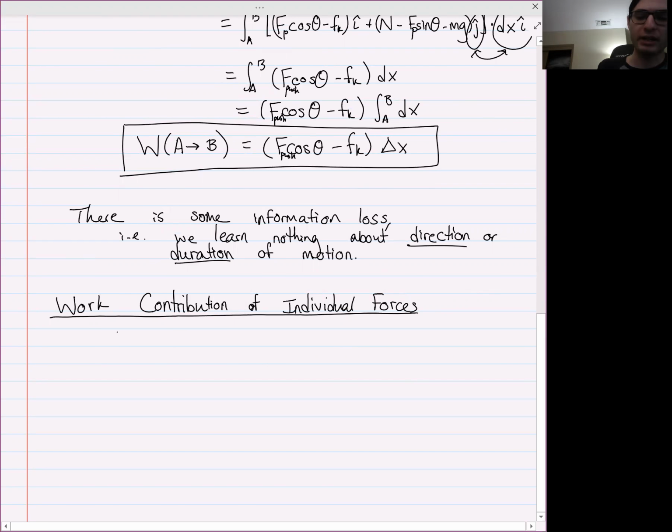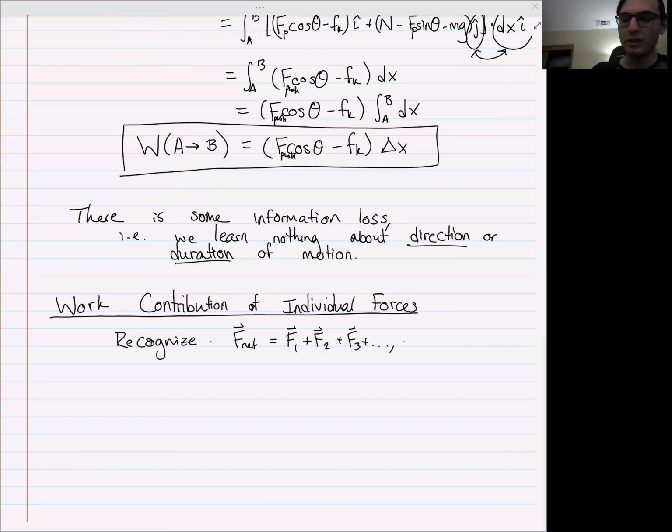However, if you recognize that F net, the net force on an object, is just the sum of all of the individual forces, right? That's how we find that. That's what F net means. Then we can use that fact to rewrite the total work.